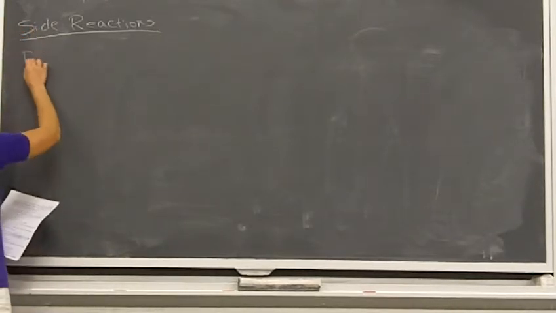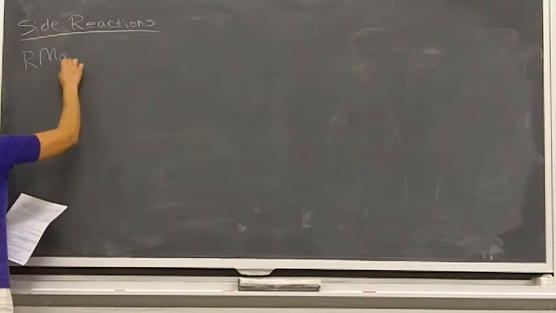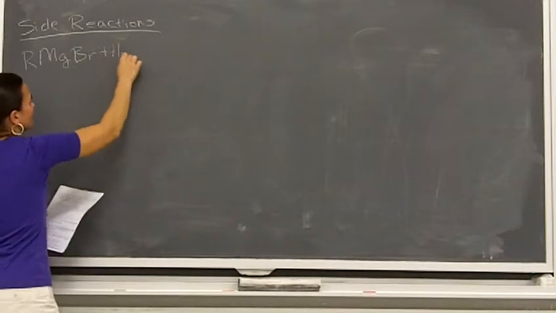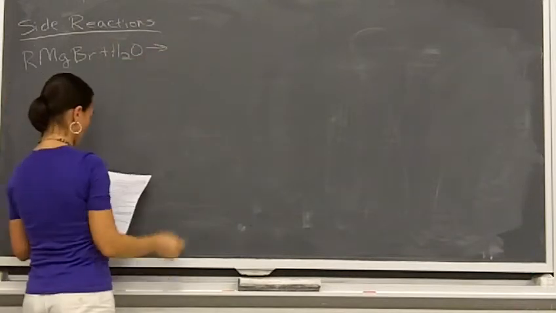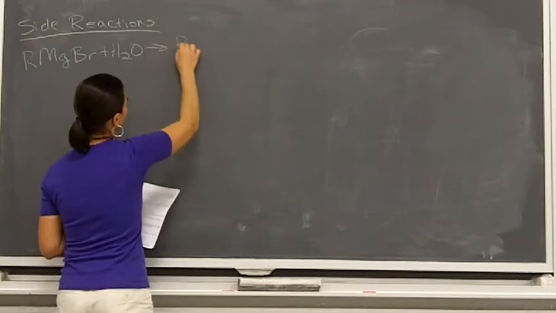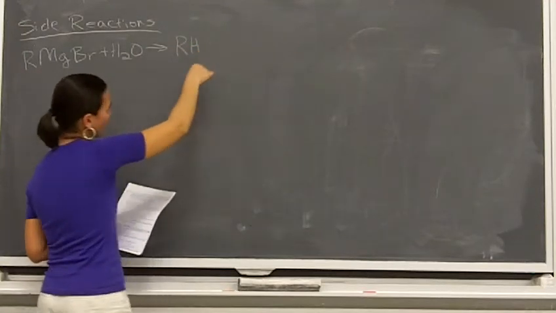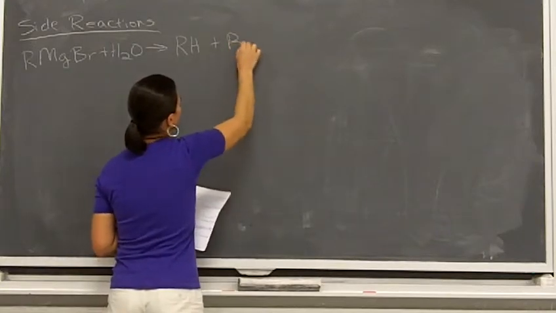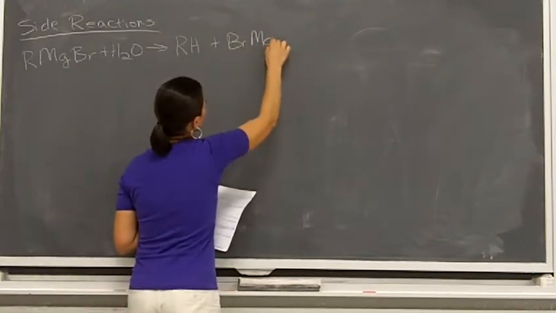So one thing that we've talked about is this, our Grignard reagent can react with water, which we don't really want to happen. So when it reacts with water, what you're going to do is kill your Grignard reagent, and then basically you form the alkane corresponding to your alkyl bromide, plus then this guy.